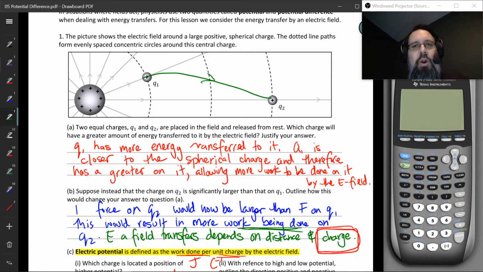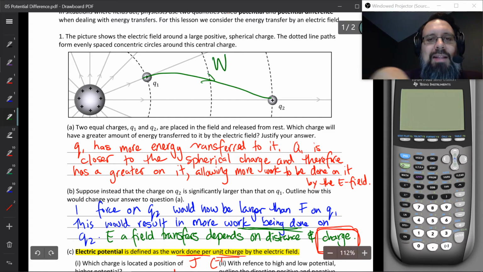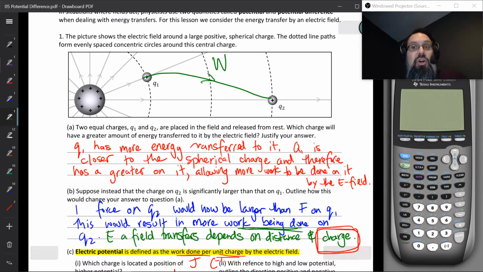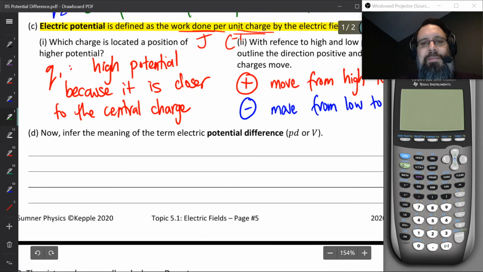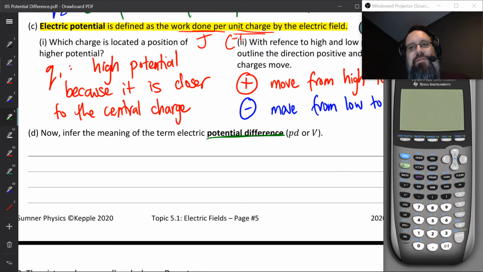There's an amount of work that would need to be done on Q1 to move it to Q2. And that work done per charge that's moved is called the potential difference. This ends up being way more important than the actual potential itself.